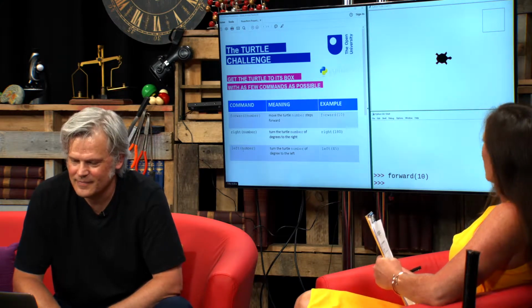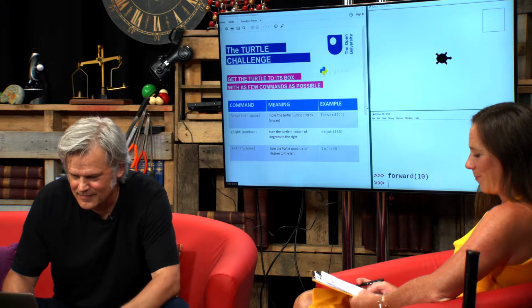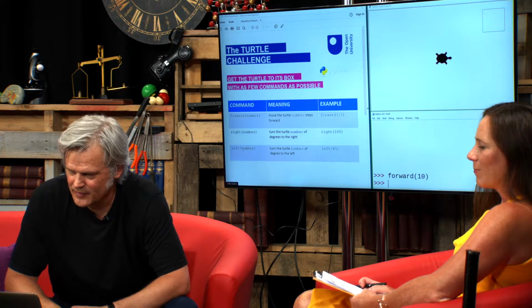Let's clear that widget down and you can vote again to let us know which way you think the turtle should go to get into the box. So that's one step we've done so far.